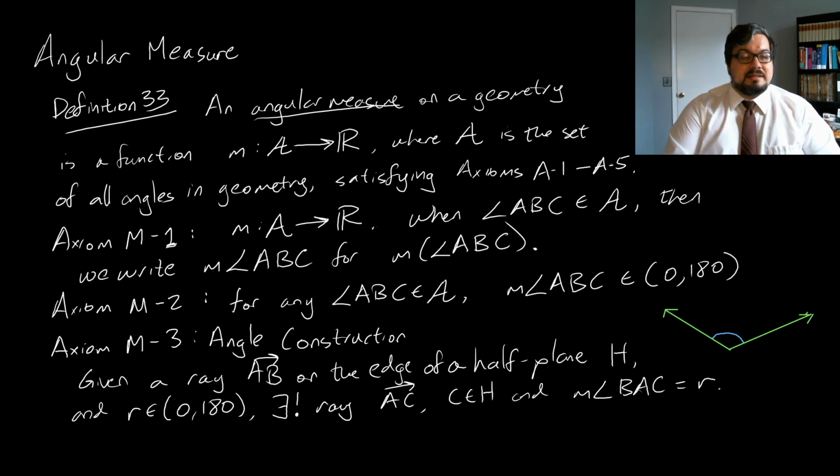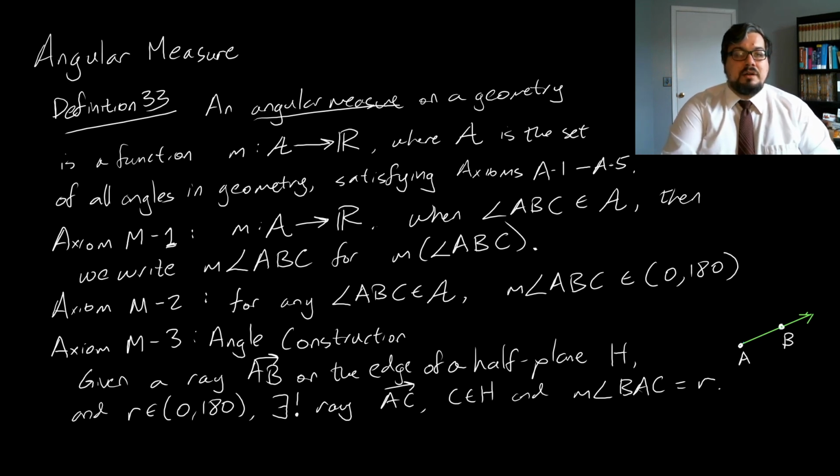So this is telling us that if we have some ray AB here, and it sits on the edge of a half plane.